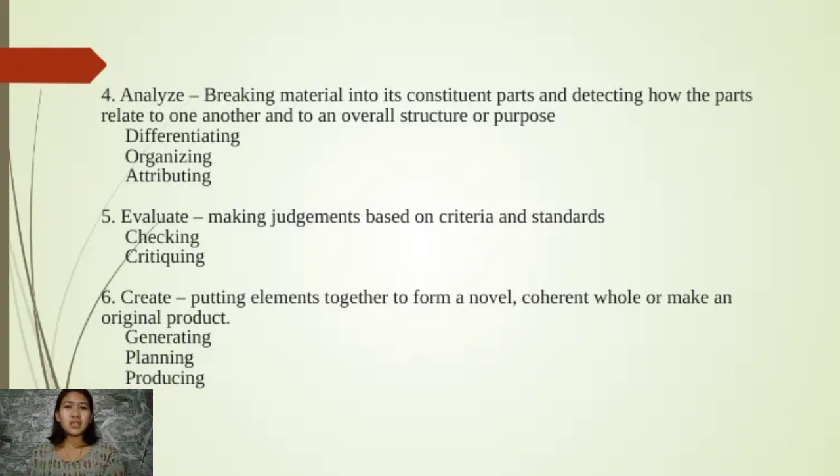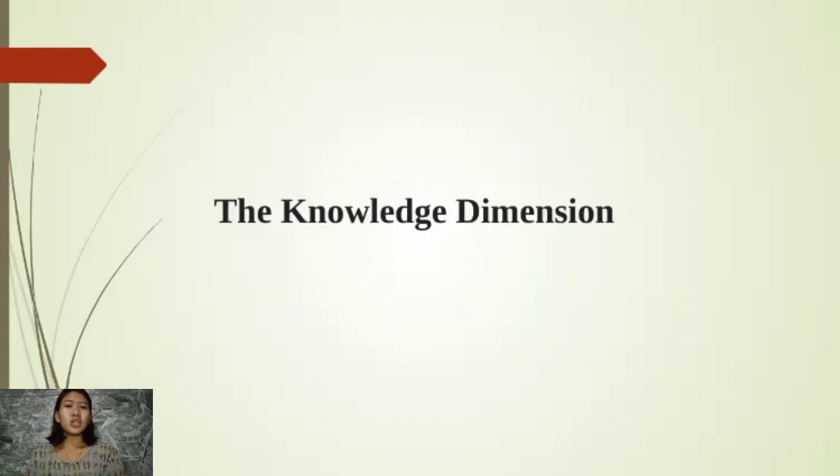So let's proceed to the knowledge dimension. The knowledge dimension is the knowing what. It has four categories. The knowledge dimension in the taxonomy is always knowing what.